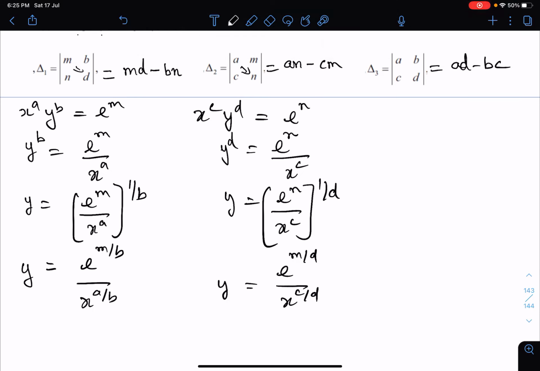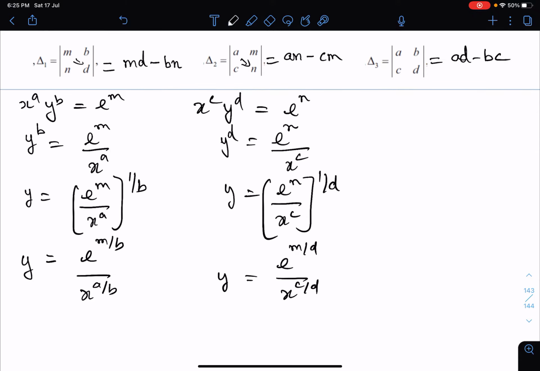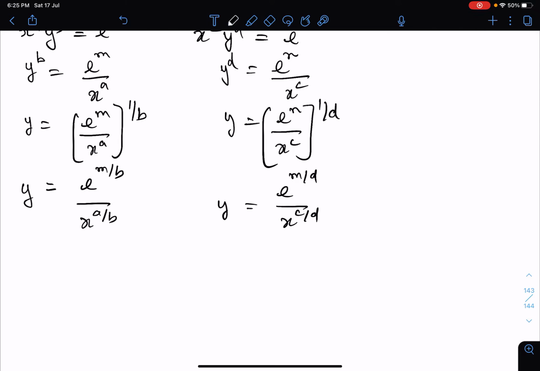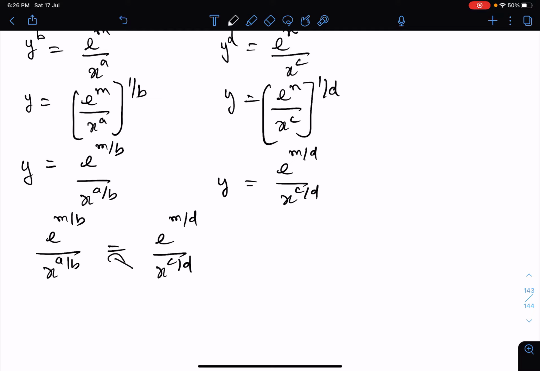Equating both, you will get e^(m/b) by x^(a/b) equal to e^(n/d) by x^(c/d). So now we are going to cross multiply, that means we are going to combine the terms together, e together and x together. So this e will come here and this x will go there.